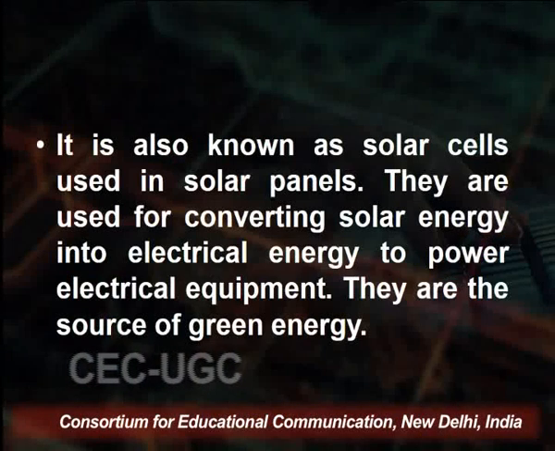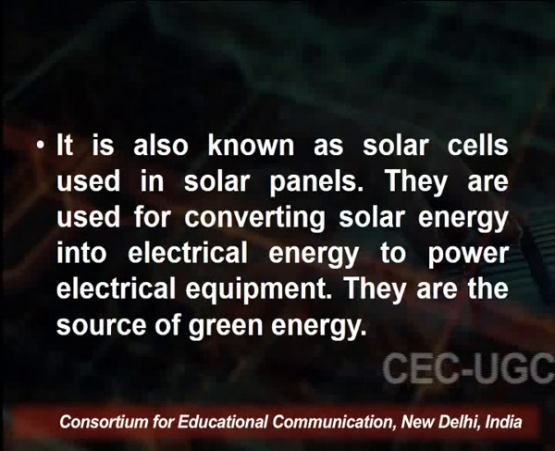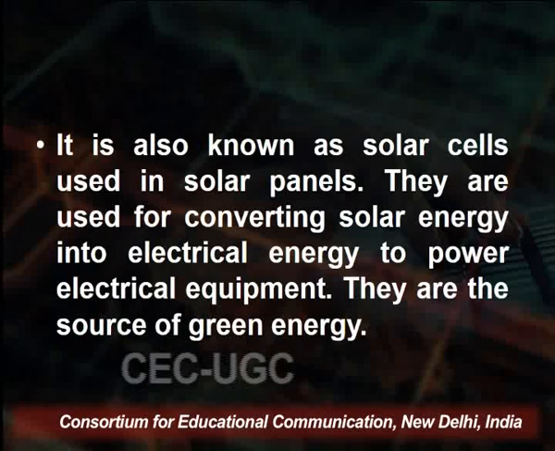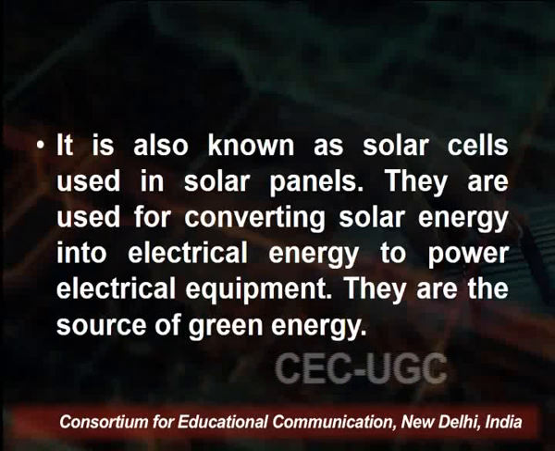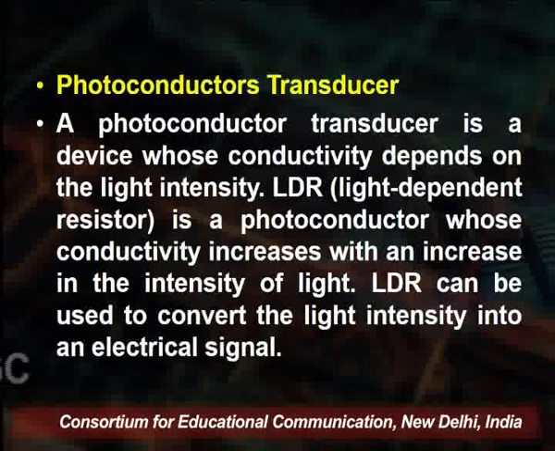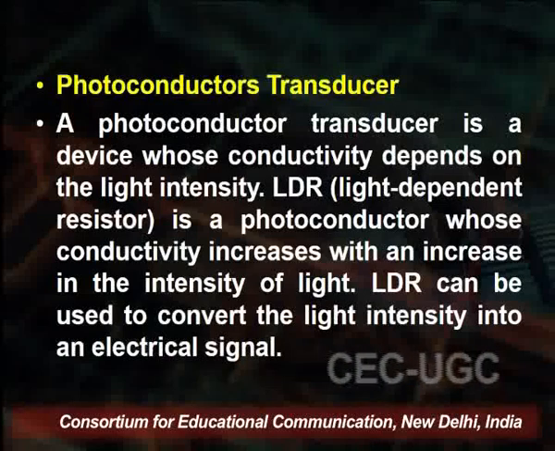That's why solar cells are made of this. So a solar cell is one type of transducer used to convert solar energy into electrical energy, to power electrical equipment, and they are a source of green energy. Nowadays we mostly use solar cells for converting sunlight into electrical signal.